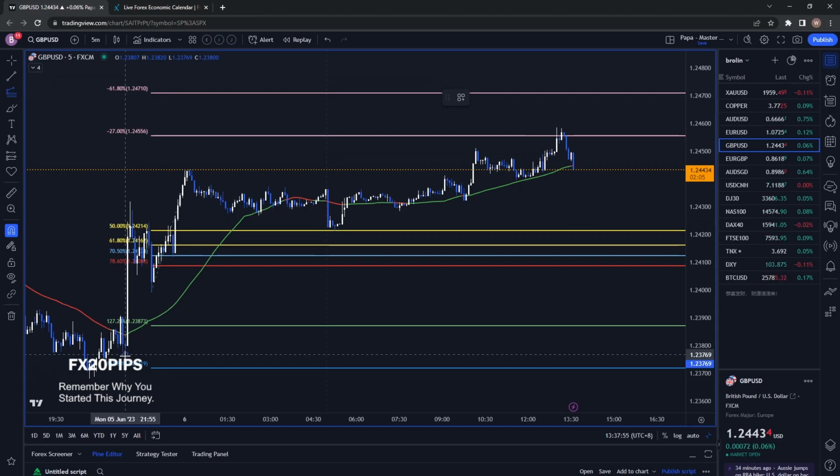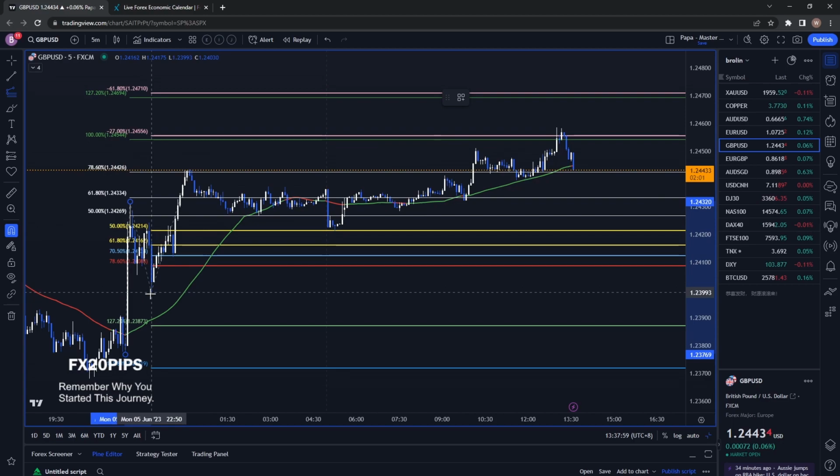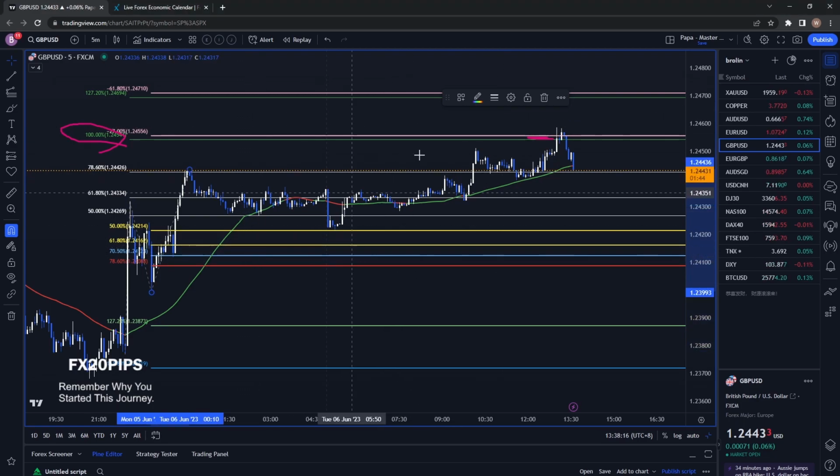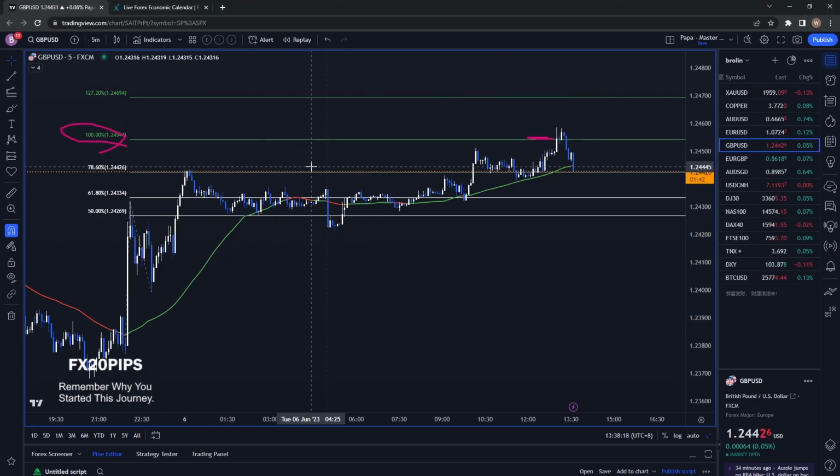So point A, point B, point C. What can you see? The 100% is also around this level, isn't it? So let me remove the other one now.